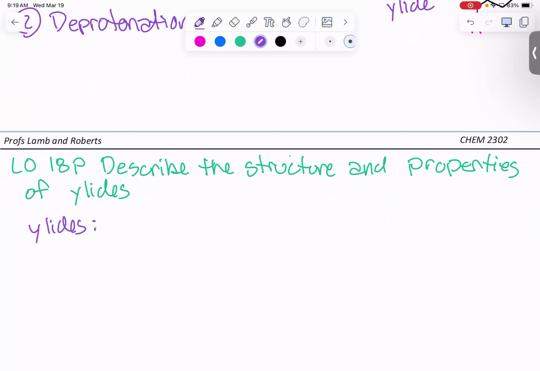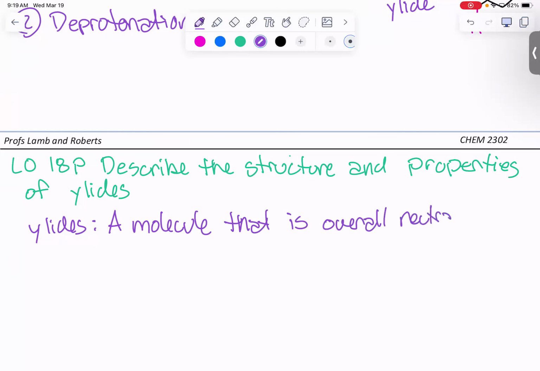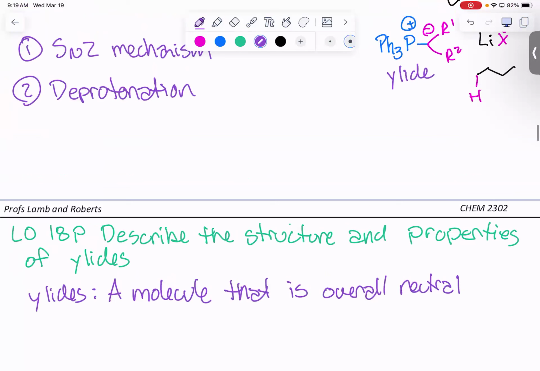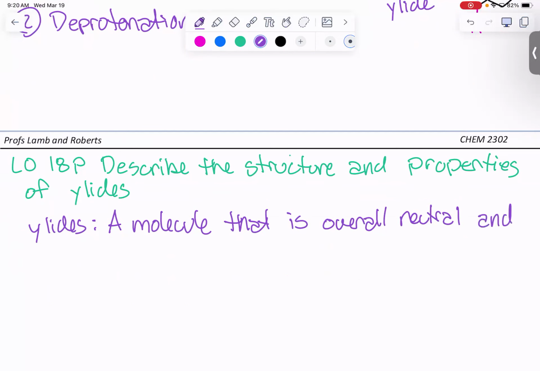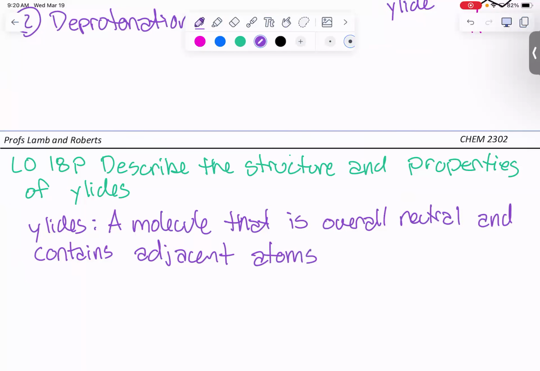So an ylide is a molecule that is overall neutral. All right, so we can go ahead and check here at our ylide that we drew before. We see it has 1 plus and 1 minus. Those cancel each other out. So it is overall neutral. So this is checking out with our definition. And the other part of this definition is it contains adjacent atoms with opposite charges.